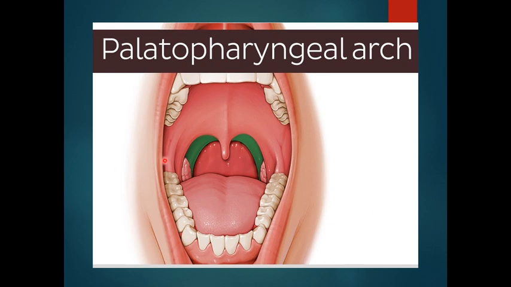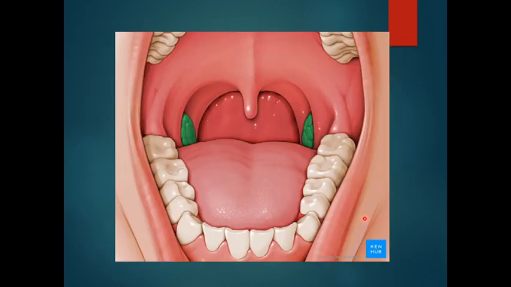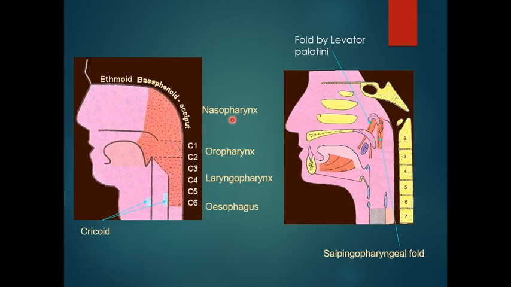Here in this slide, we can clearly see this palatoglossal arch and palatopharyngeal arch. Here is the greenish palatine tonsil in between these two arches. So, as we said, the palatine tonsil is present in the oropharynx.